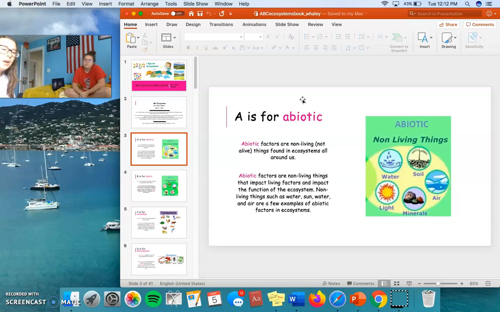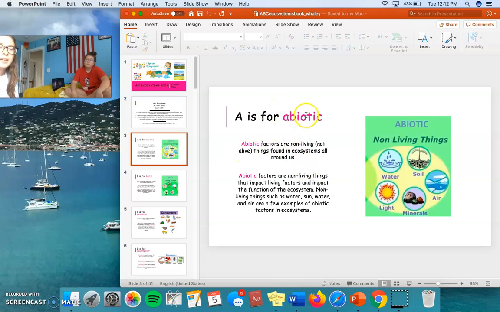So our ABC book is about ecosystems, and each letter of the alphabet contains a certain ecosystem word or explanation or part. So I have A is for abiotic, and we have a picture, and we have some information about it, okay? All right, so I'm going to read, and then I'll ask you some questions and see if you learned anything from our ABC book. Are you excited? Okay.